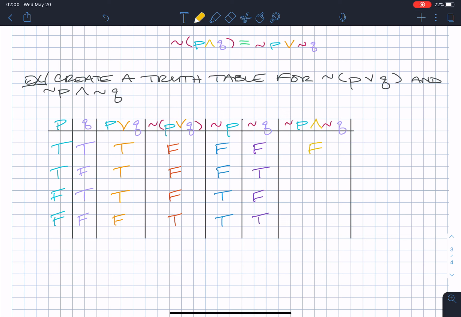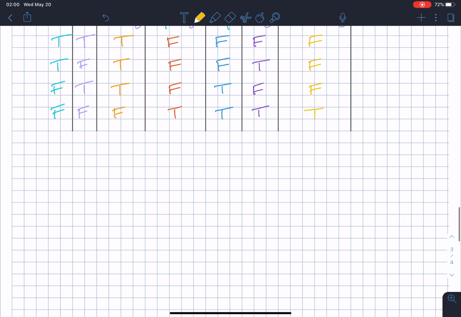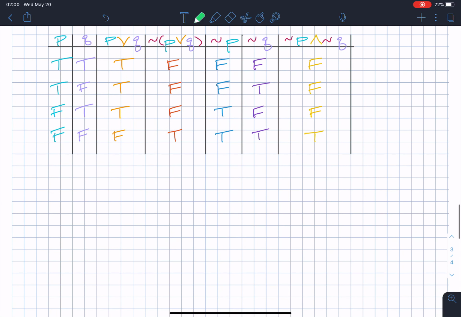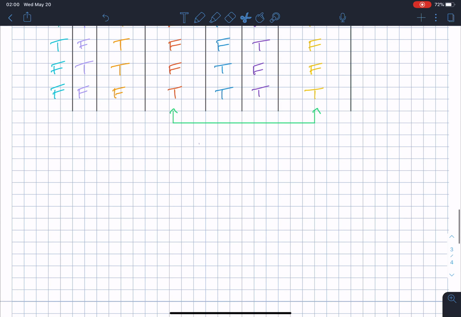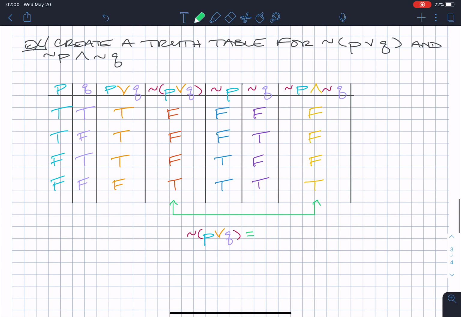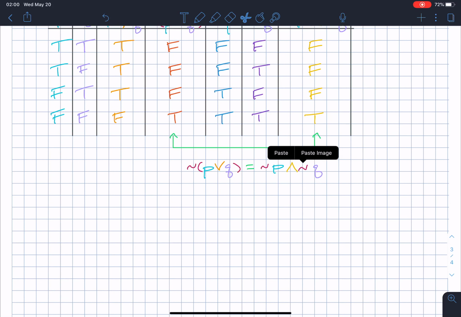So false, false, false. The only time they're both true is down here. So once again, let's look at this. The false, false, false, true have an equivalent truth table. So I have that the negation of P or Q is the same as not P and not Q. Okay? Simple.